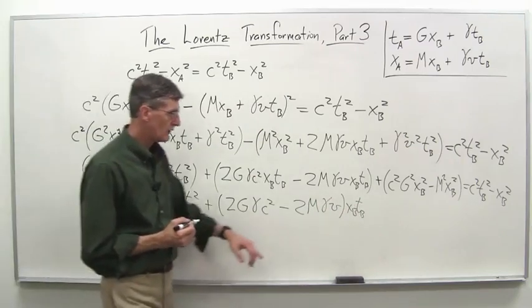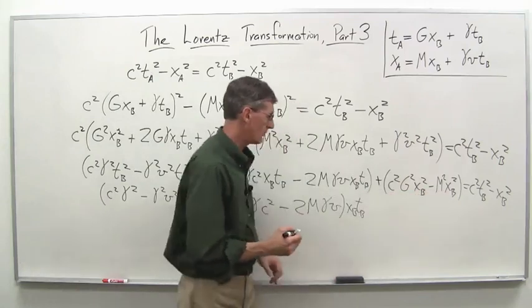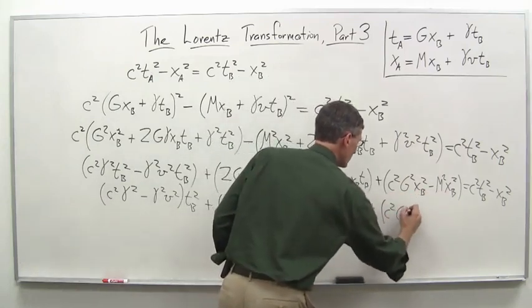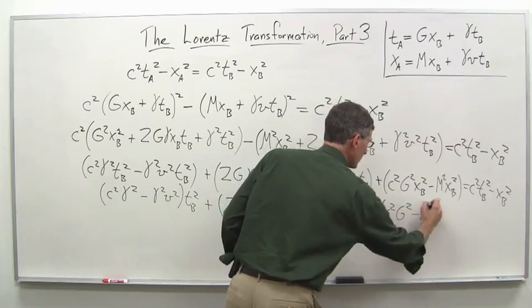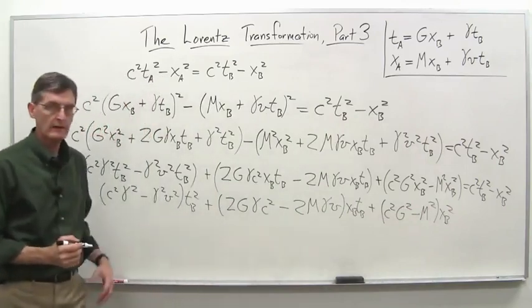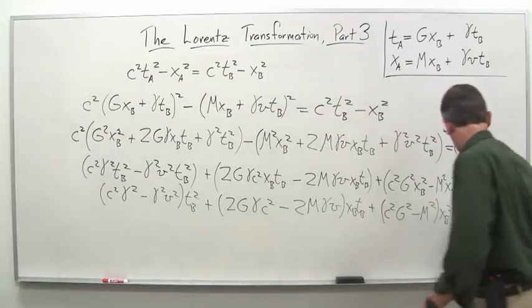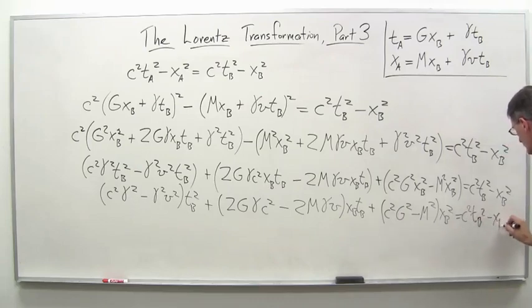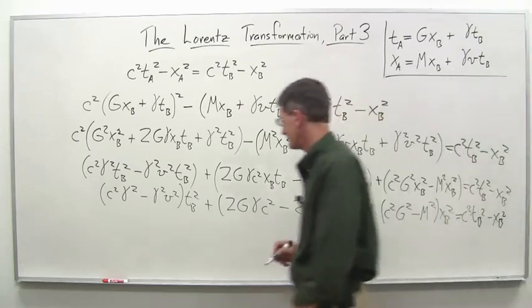And then here I've got an xb squared and an xb squared here. So I've got plus c squared g squared minus m squared xb squared equals c squared tb squared minus xb squared.